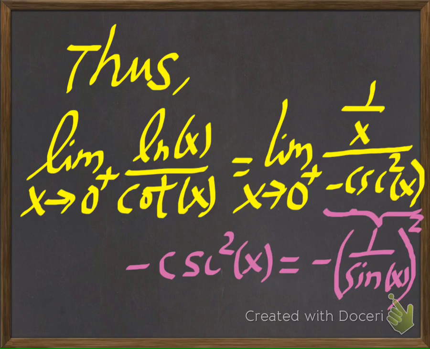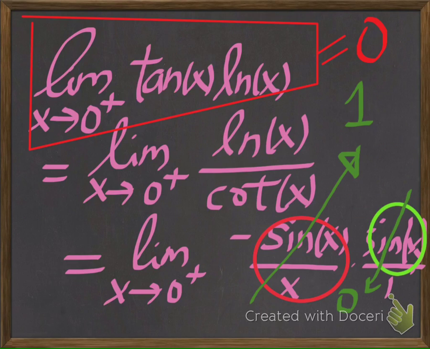Differentiating cotangent x, we get negative cosecant squared x, where cosecant squared x can be written as 1 over sine squared x. Simplifying this expression, 1 over x over negative 1 over sine x, whole thing squared, we get a form that is as easy as this. That is, ln x over cotangent x can be written as negative sine x over x multiplied by sine x over 1 under the limit.